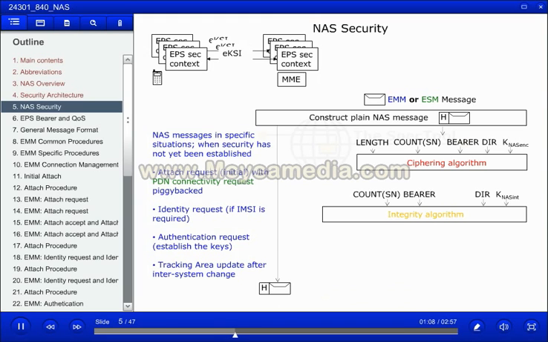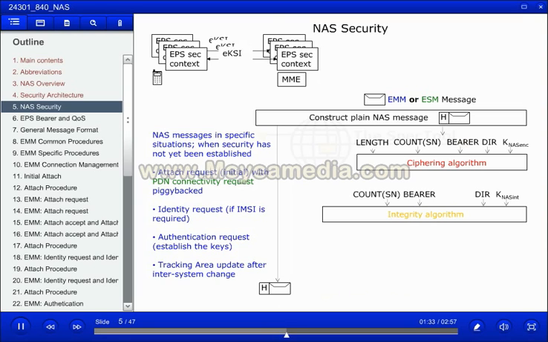The messages which are sent without ciphering and integrity protection are the initial attach request with PDN connectivity request piggybacked, identity request, and authentication request. These three messages are sent as part of the attach procedure.